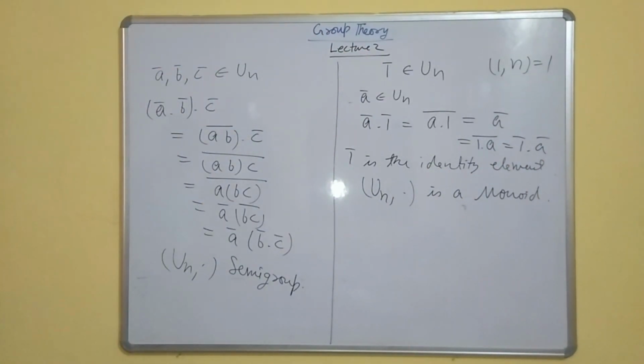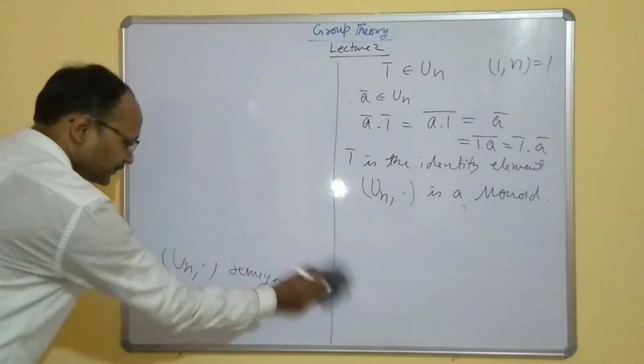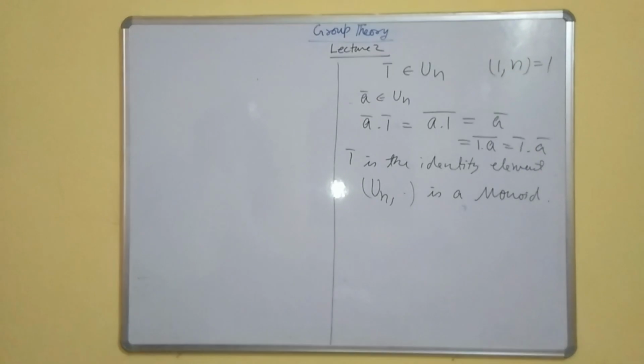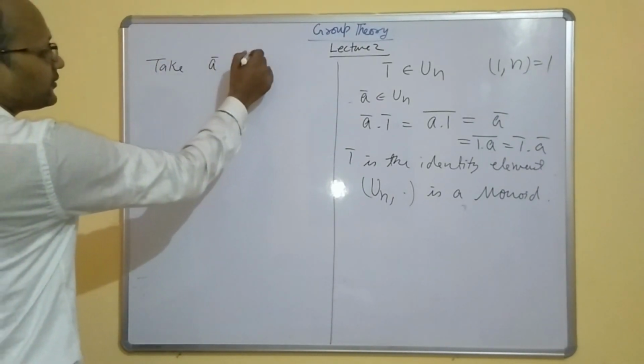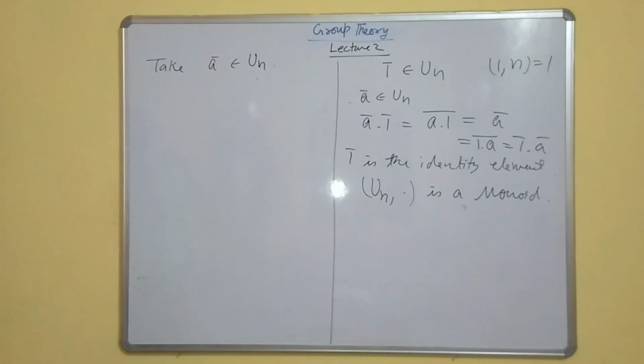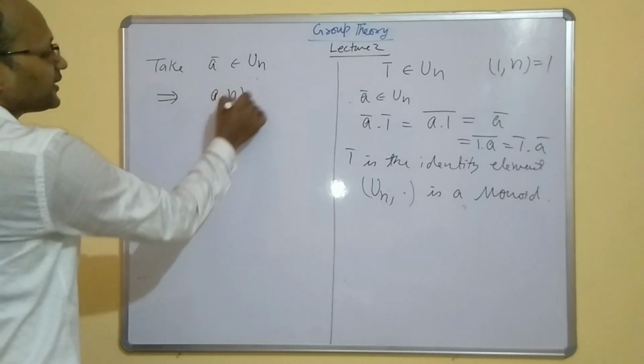Now what about the inverse? The main thing is that we have to show that each element has an inverse. So take an element a bar in Un. This implies that the GCD between a and n is 1.